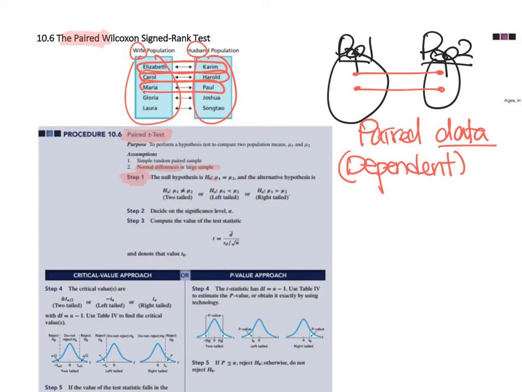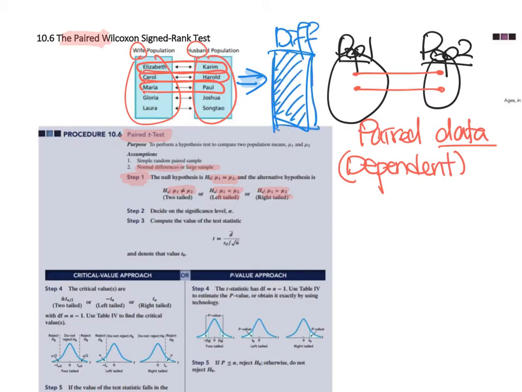Then we have the two groups, so we state the hypothesis like the pooled t-test, but we get the difference. Based on the difference, we simply apply the one sample t-test. So that was the paired t-test.